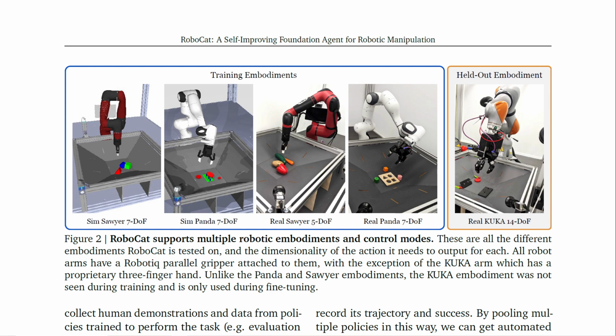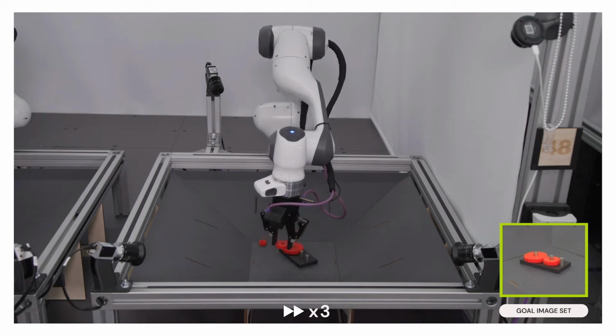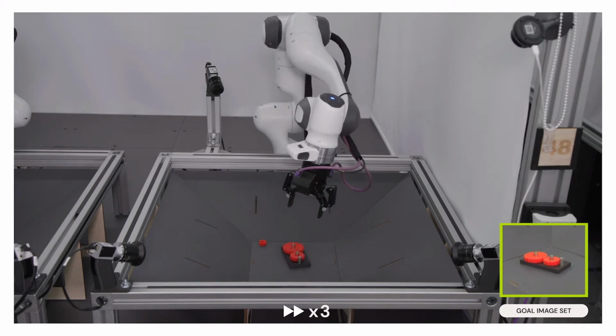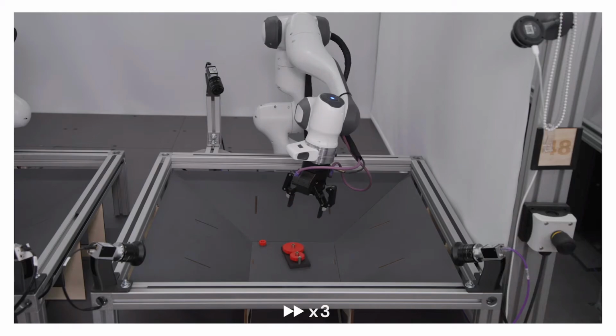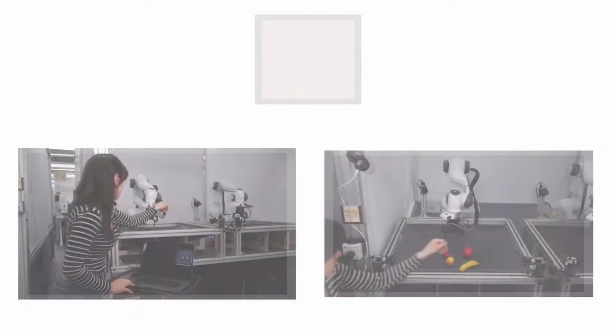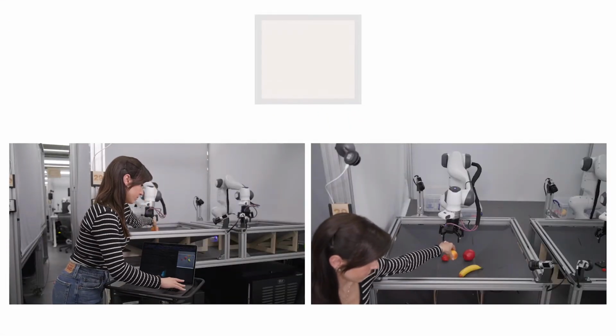Data generation comprised 3 types. 1, specialist RL agent data primarily employed in simulation. 2, human teleoperated expert data predominantly used for real-world tasks. And 3, self-generated data. The key distinction between the RL agent data and teleoperated data lies in the smoothness and efficiency of the trajectories, with teleoperated data often including pauses.